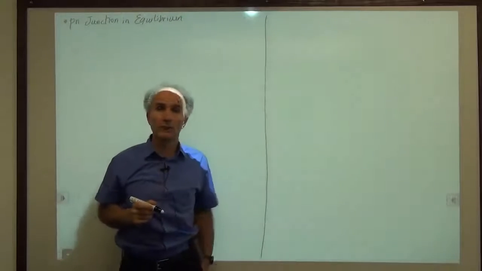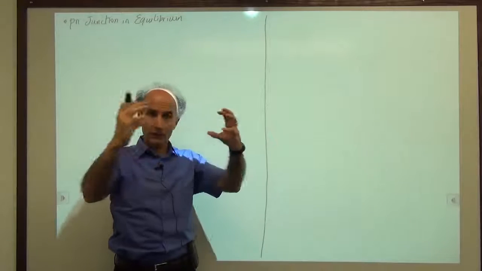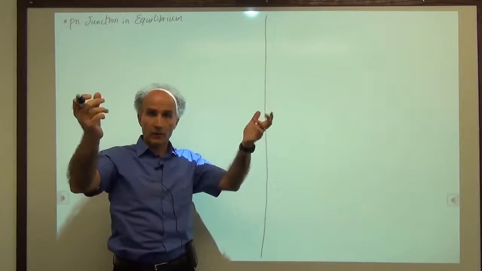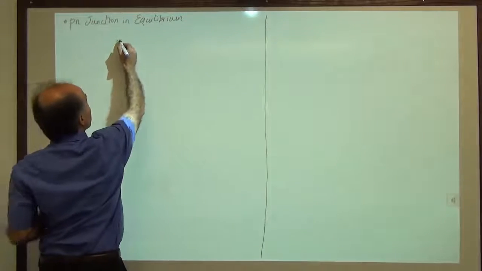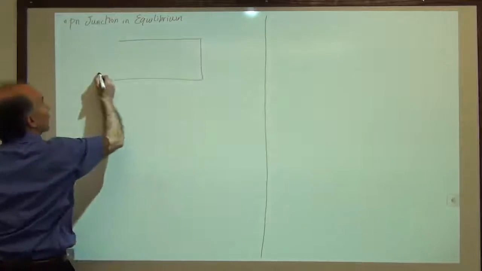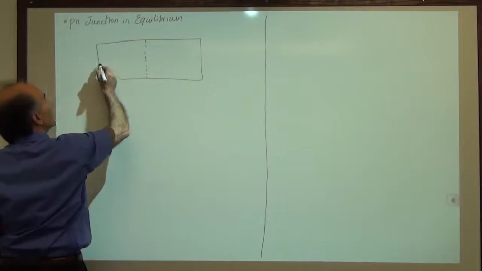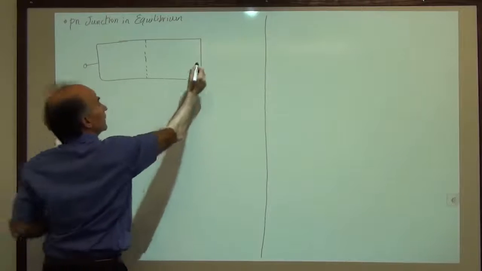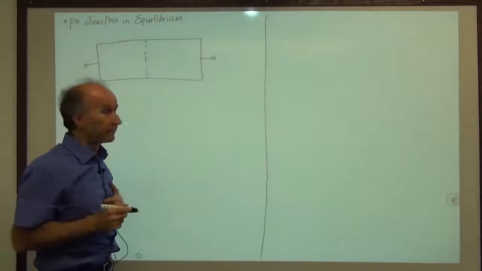And p-n junction in equilibrium simply means after you form the p-n junction from a single crystal, just leave the terminals open. Don't connect them to anything else in the world. So here's our p-n junction. We have the terminals here on the two sides, but they are left open. They're not connected to anything else.